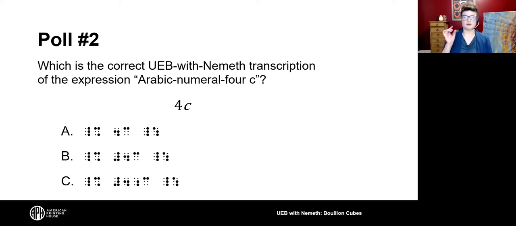They only differ in that answer choice A has no numeric indicator, and then a 4 in the lower part of the cell and a C. Answer choice B has a numeric indicator, then the lower cell 4 and a C. And answer choice C has a numeric indicator, the lower cell 4, and an English letter indicator, that's dots 5, 6, and then the letter C.